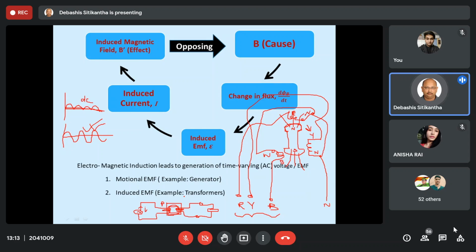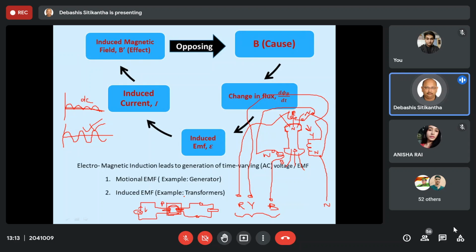And let me tell you another thing, induced EMF has another name, known as transformational EMF. Electrical students and electrical people don't call it induced EMF, rather they call it transformational EMF. But since you are studying physics, let us keep the name as induced EMF.